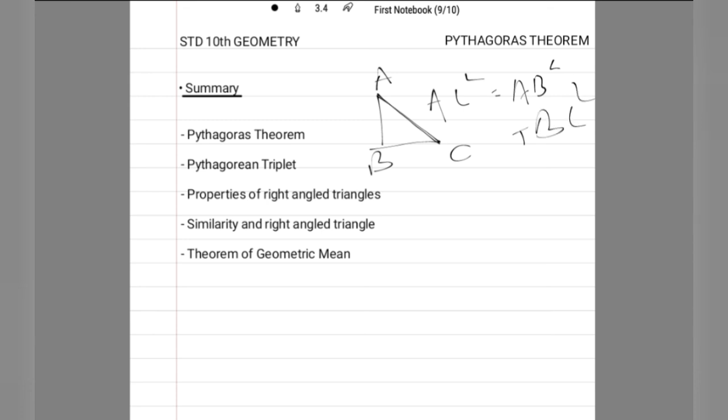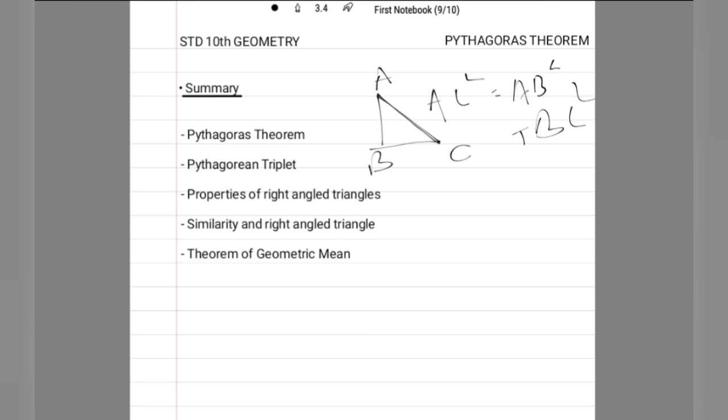In Pythagorean triplet, we learned that the biggest number's square is equal to the sum of the squares of the remaining two numbers. So this is what we have learned. And the next thing which we learned is properties of right angle triangles, that is 30, 60, 90 and 45, 45, 90.